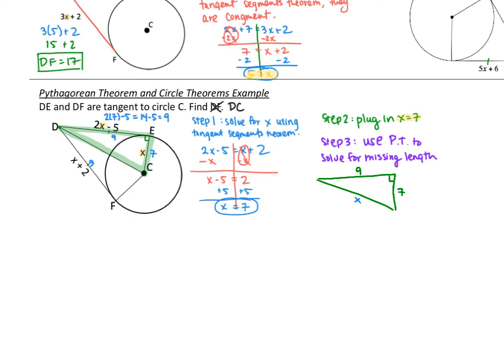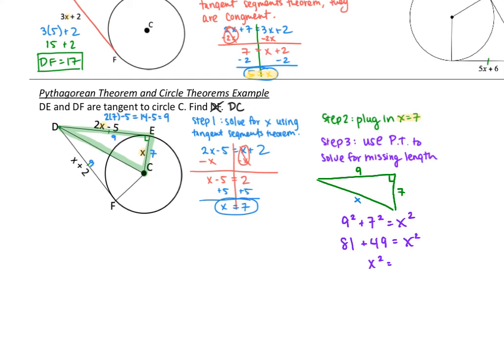All right, now this just becomes a pretty straightforward Pythagorean theorem problem. A squared plus b squared equals c squared. So 9 squared plus 7 squared equals x squared. 9 squared is 81. 7 squared is 49. Now we're going to add these together.